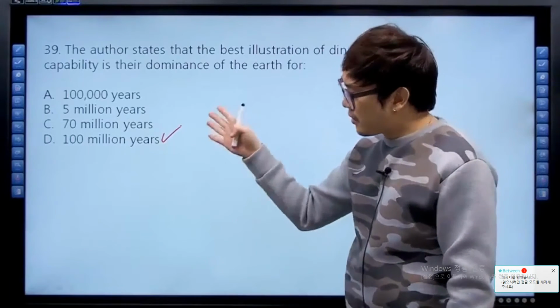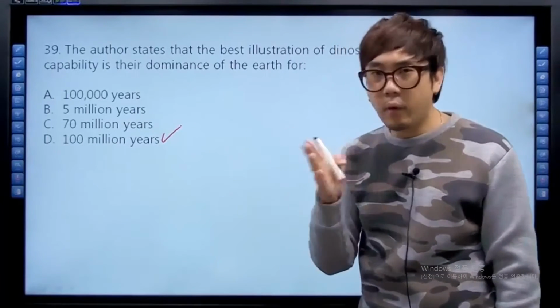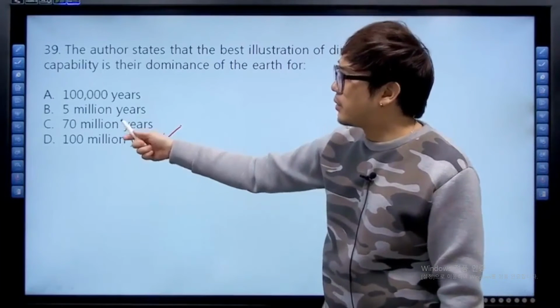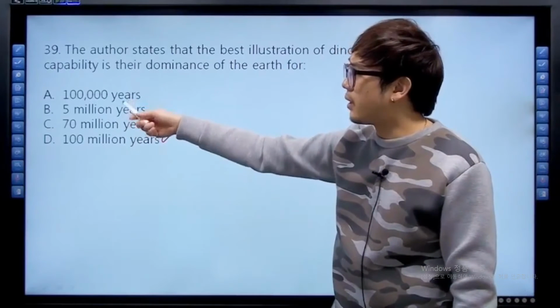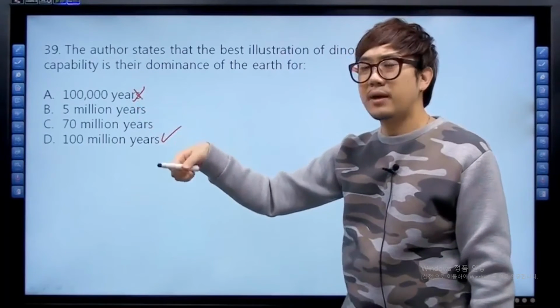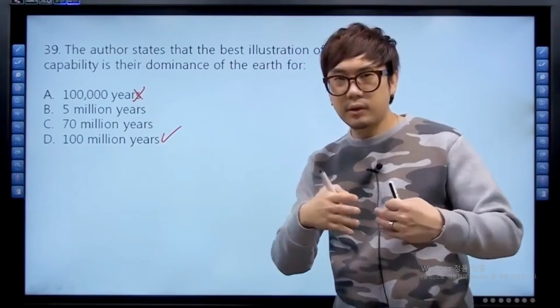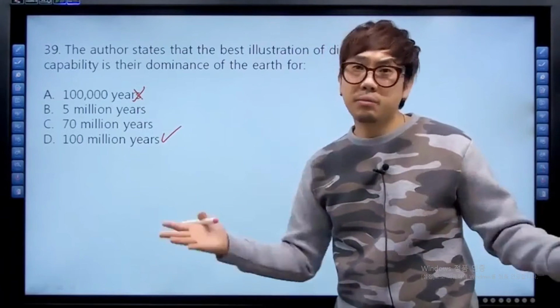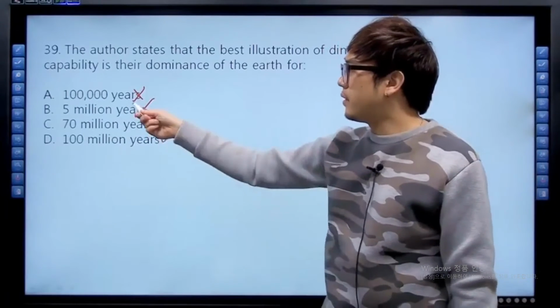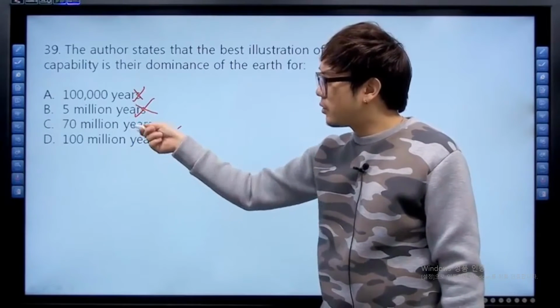It's more than 100 million years. 100,000 years is probably how long human beings have been here. 5 million years, that's Australopithecus, no. 70 million, probably, and 100 million, probably.